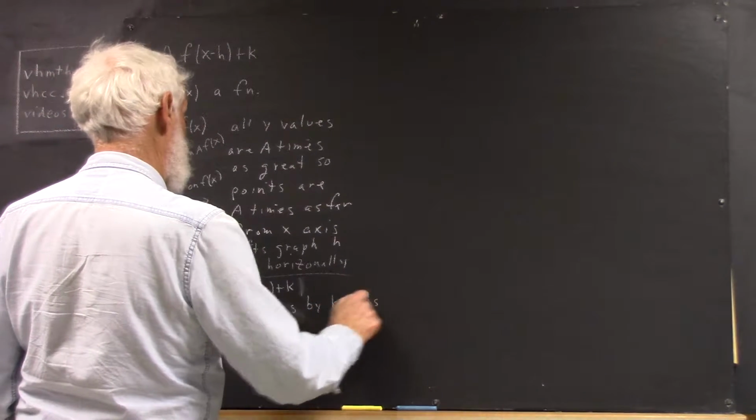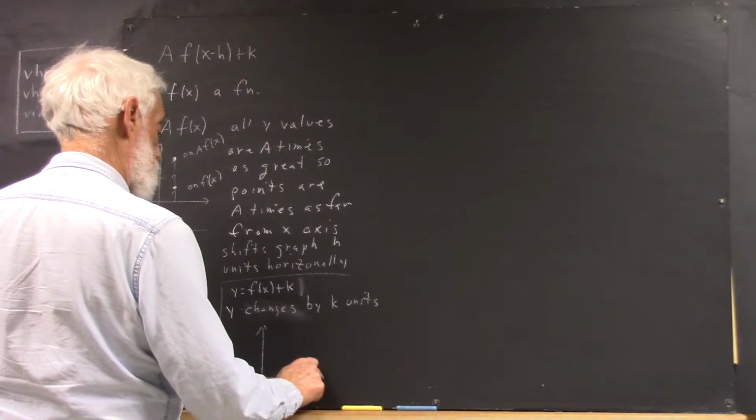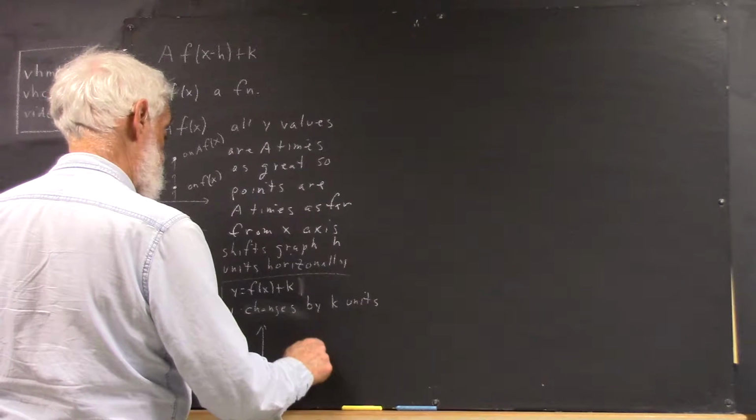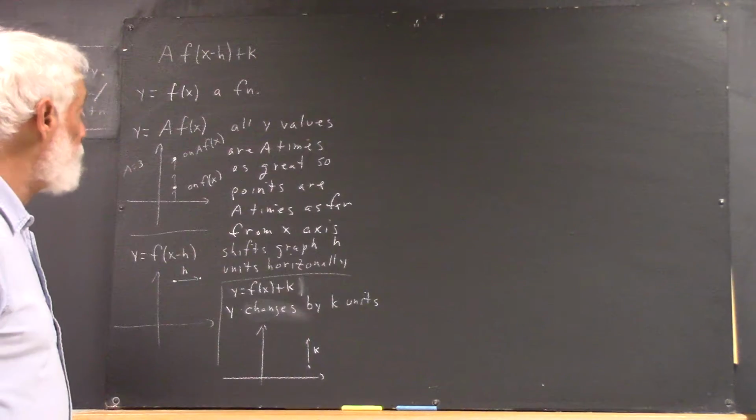Y changes by k units, so that if your point is, let's say, here, then it's going to go up or down k units. Now if k is negative, it'll go down.